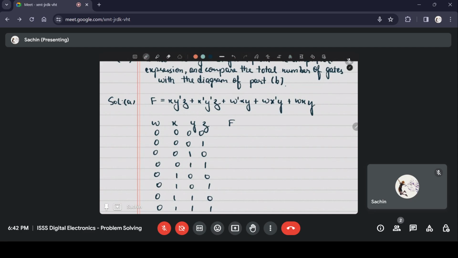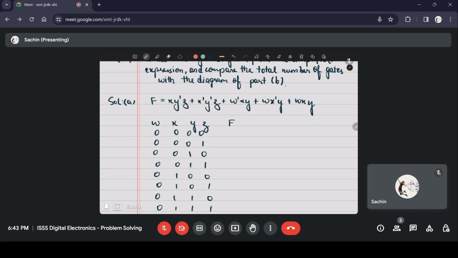Okay, the way we fill up the truth values of f just based on this original expression is we take each term and we see for which input combinations each term will become a 1.